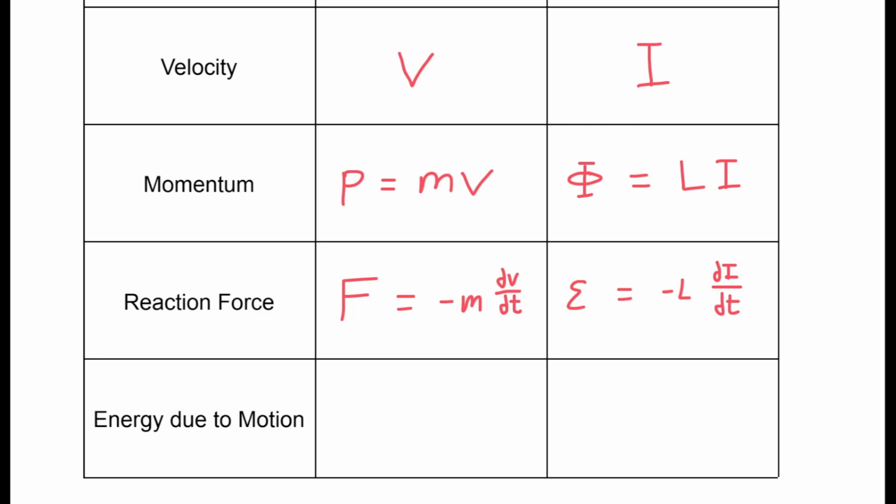And then energy due to motion. Well, the energy that mass has just due to moving is given by the kinetic energy, which is equal to 1/2 mv squared. So the electrical analog will therefore just be the energy stored in the magnetic field, which is 1/2 times inertia times the velocity analog squared.